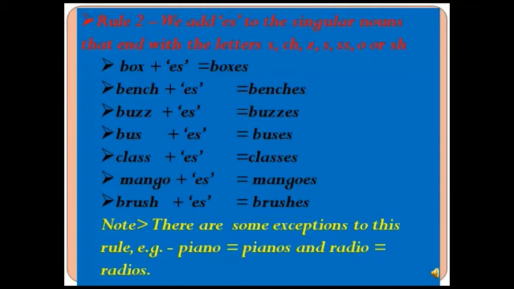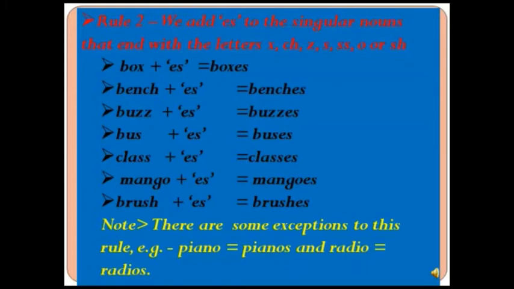Rule 2. We add es to the singular nouns that end with the letters x, ch, z, s, ss, o, or sh. You see that all these letter combinations are sounds which are produced in the mouth with a lot of friction.